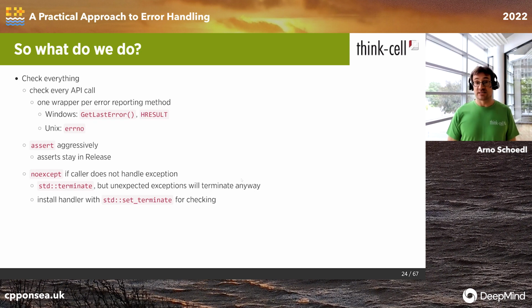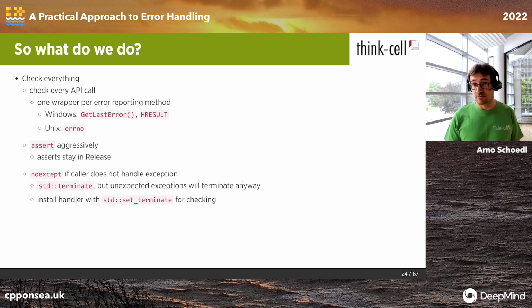We assert very aggressively. So we have many asserts in the program, and the asserts stay in the release version of ThinkCell, so we ship them to the customer. Now, if a function is not expected to throw exceptions, we mark it as noexcept. So when an exception is thrown inside such a function, terminate is called.